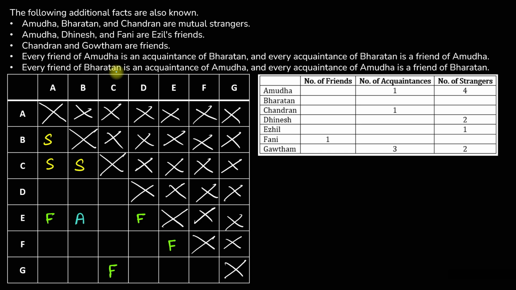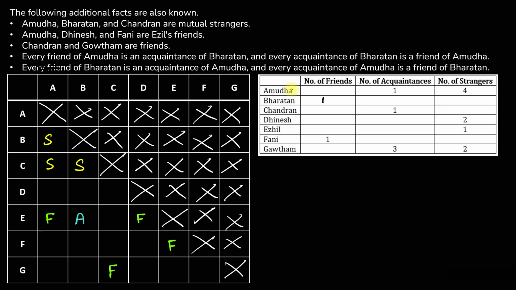Similarly, every friend of B is an acquaintance of A and every acquaintance of A is a friend of B. Okay. So what we have is, for A, the number of acquaintances is 1. It means for B, the number of friends will be 1 based on this particular point. Every friend of B is an acquaintance of A and every acquaintance of A is a friend of B. So if there is 1 acquaintance of A, there must be exactly 1 friend of B. Okay?